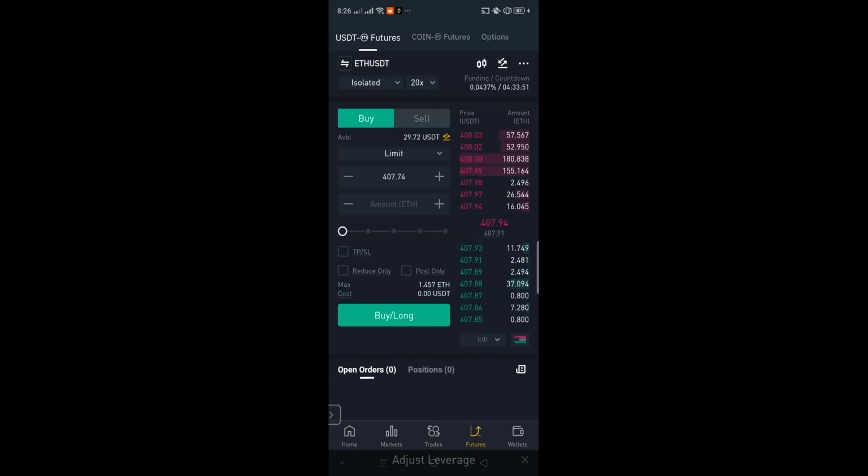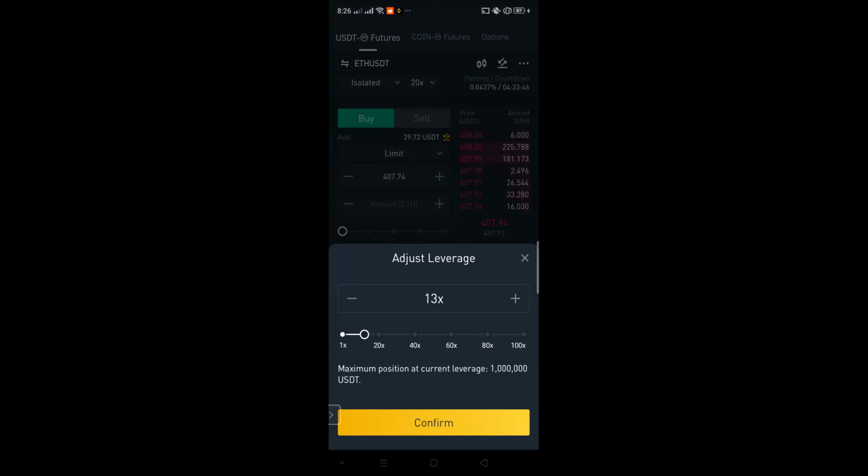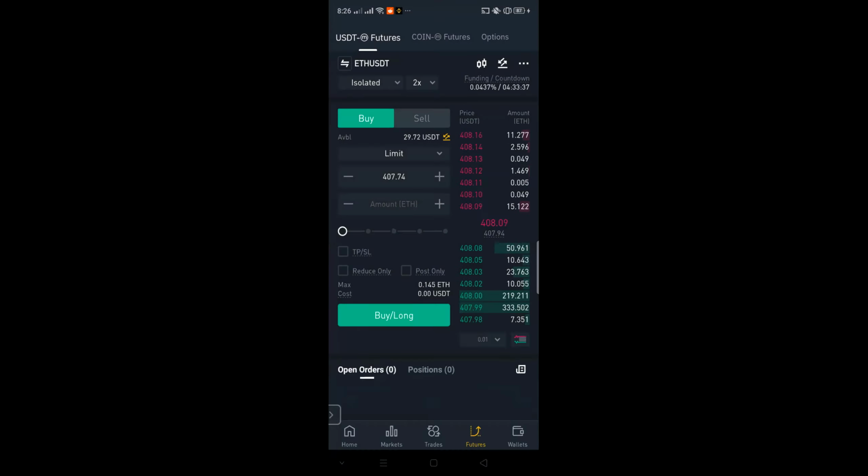Then you change the leverage from 20x to 2x. 20x is always the default, and cross is always the default. So you change from cross to isolated, and then you reduce your leverage to 2x.